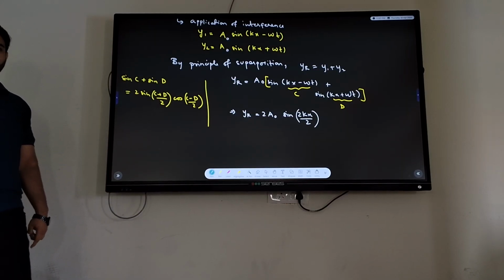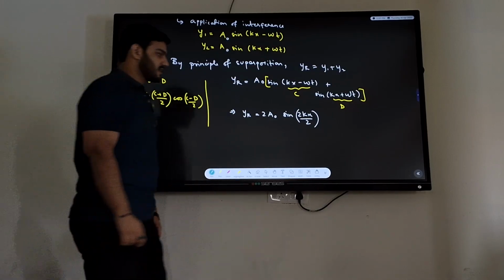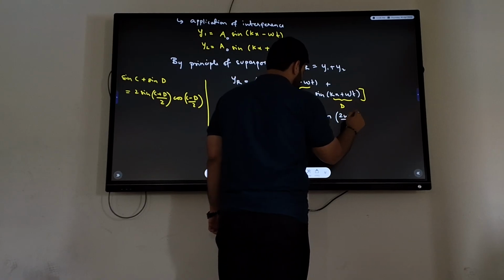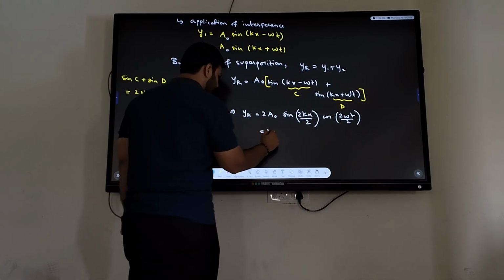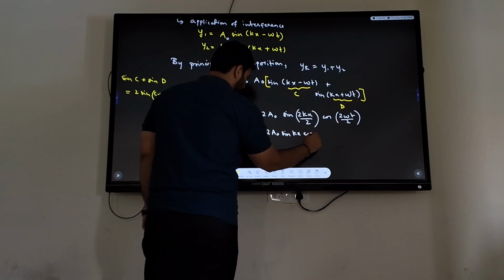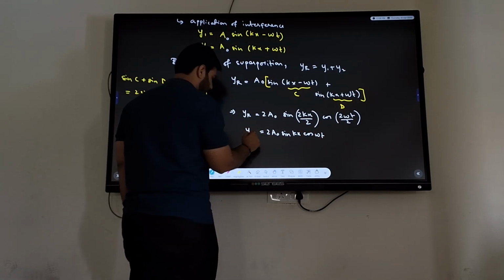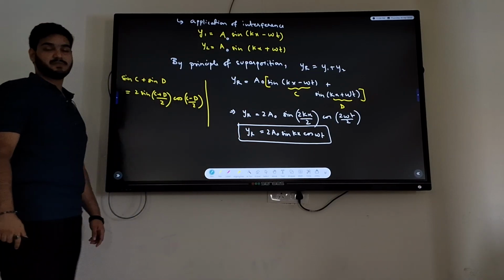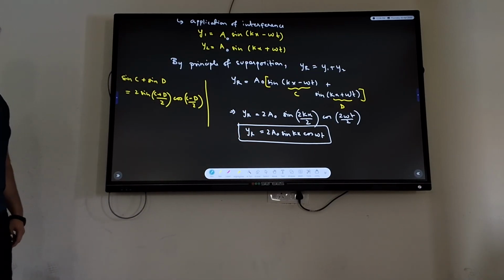But cos of minus theta is cos theta, so this is 2 omega t divided by 2. Then I will get the expression 2A naught sine kx cos omega t. This is the final expression that I am getting. This is the final wave that you get. Now look at it very carefully.